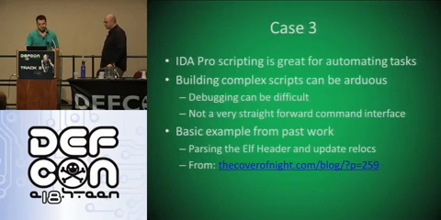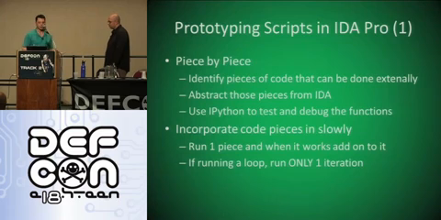This basic example actually comes from an ELF header parser I had to do in order to update the relocatables in the ELF header that I was looking at for an ARM binary. As I said, I had to do it piece by piece.